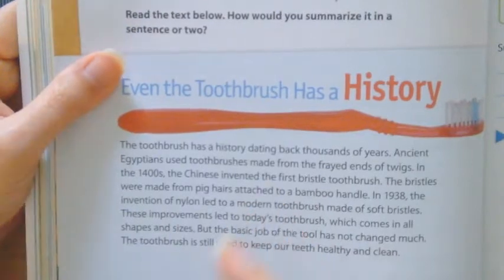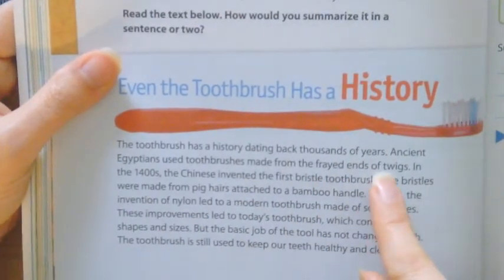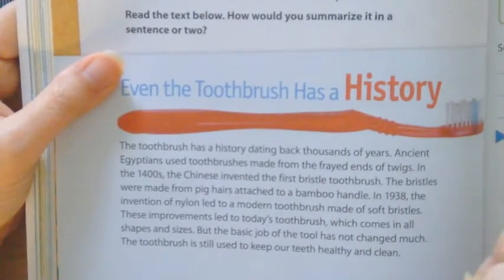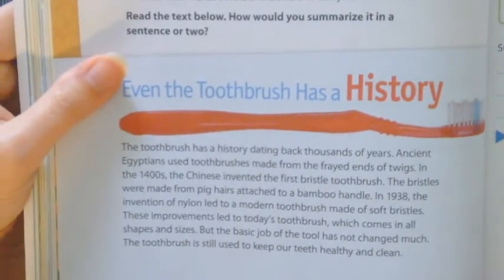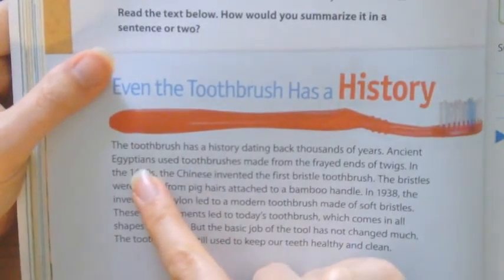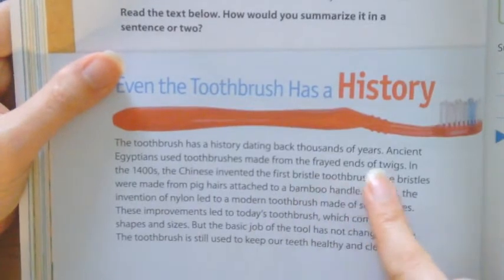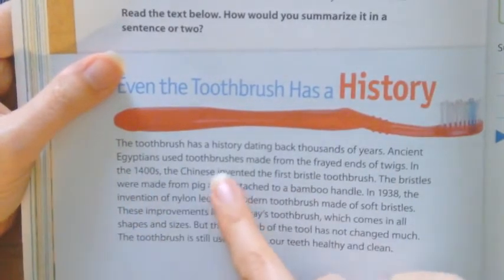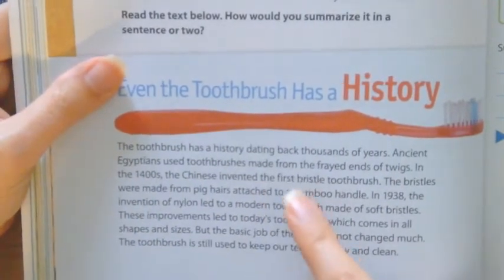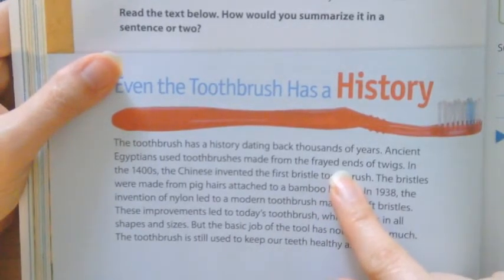Yes. Am I talking about the material of the toothbrush made from the frayed ends of twigs? Yes. Am I also talking about how it has changed over the years? Okay, Egyptians, one of the first people, used toothbrushes made from the frayed ends. That tells me where some of the first kinds of toothbrushes began. So this is my first key detail.